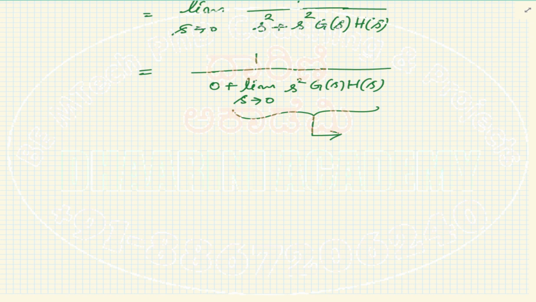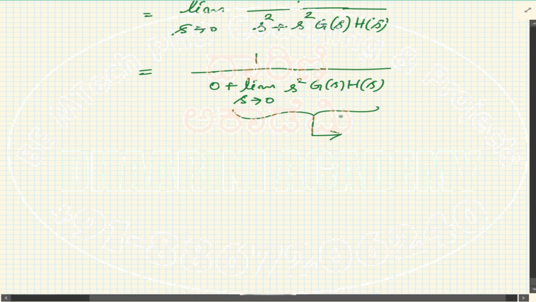You have distance, distance by time is velocity, right? So velocity by time is what? Because you are differentiating that once again. Sorry, acceleration. Perfect. So this has to be Ka, right? So this is 1 by Ka.